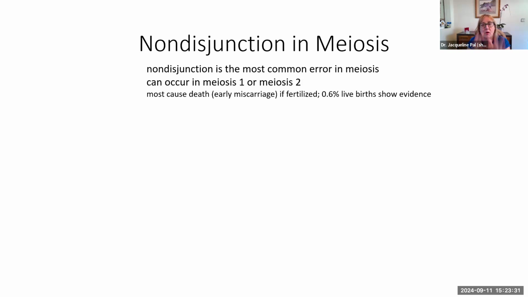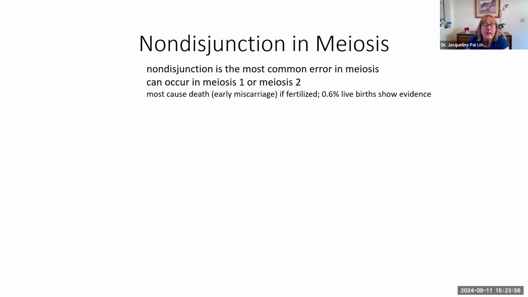If fertilized, most of these are going to cause death, especially those where you have the loss of a chromosome. Almost all of those are going to cause the death of the child, with the exception of, for instance, Turner syndrome, the one missing the X chromosome.